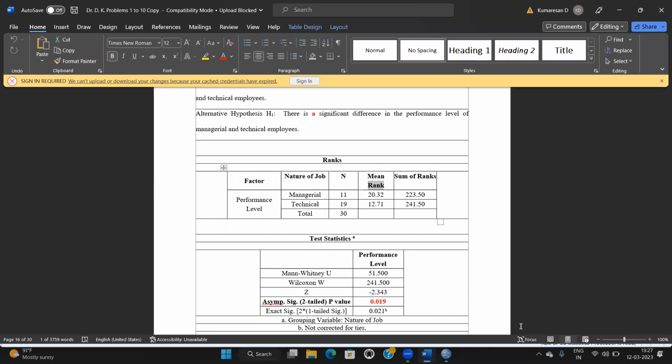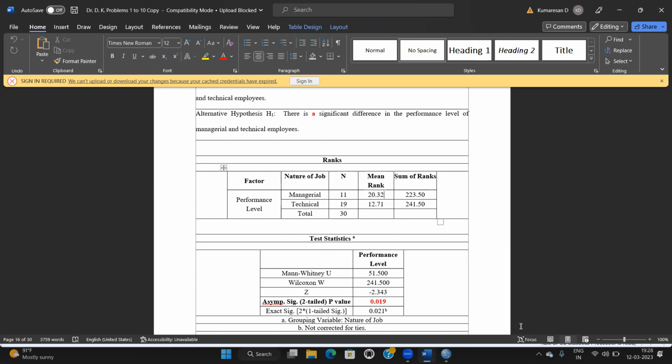So the mean rank of technical employees is lower than that of managerial employees, so the performance level of technical employees is better. This is how we have to conclude.